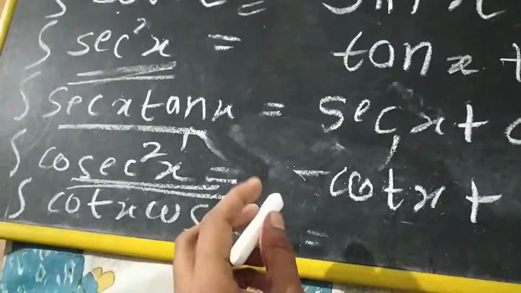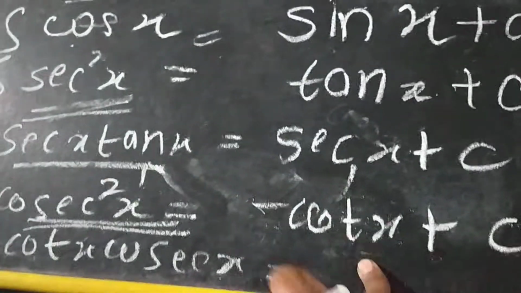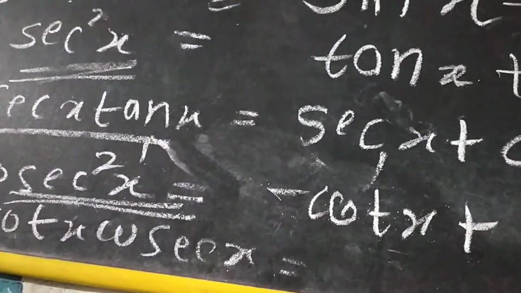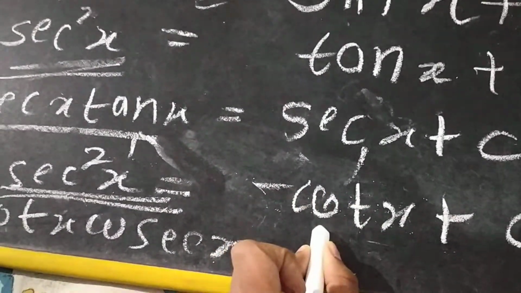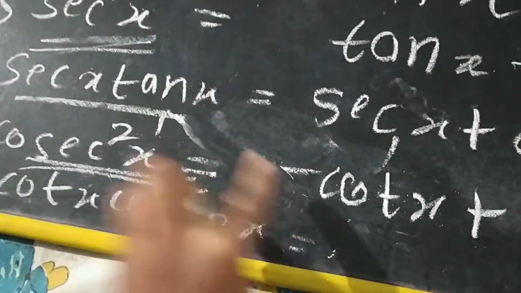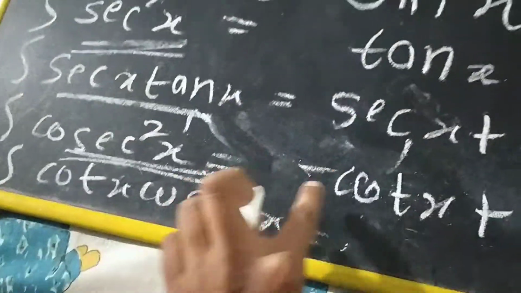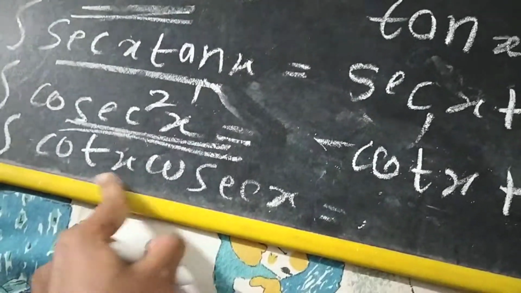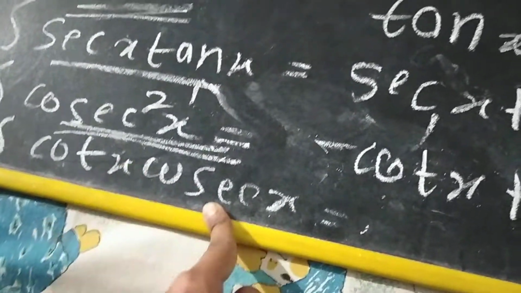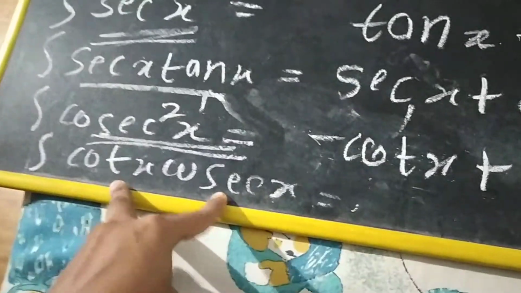Again I am saying you have to write the minus sign on this side. Derivative of cot x was minus cosec square x, so here I have written that minus sign. Now cot x cosec x: what gives the derivative of cot x cosec x?